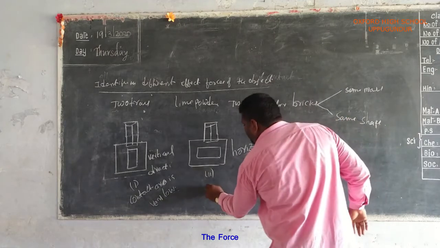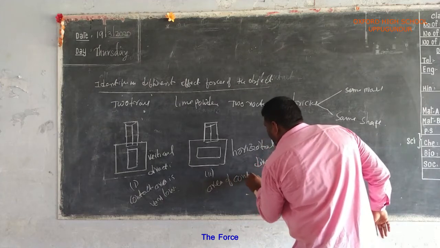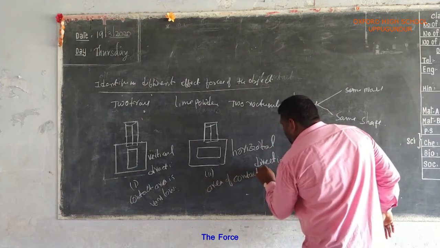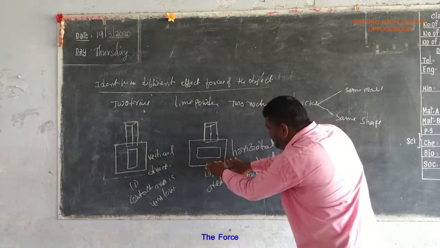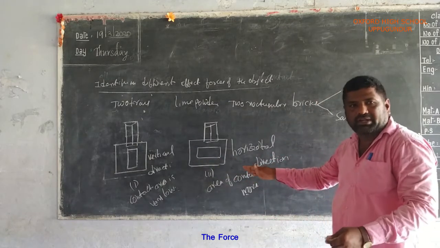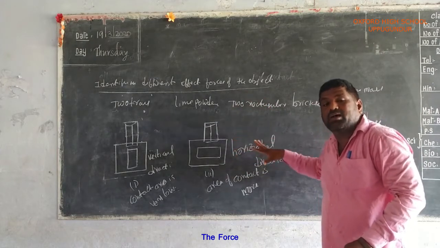In the second case the area of contact is more. That's why the surface area is very high. That's why the brick in the horizontal direction goes deep in the water.